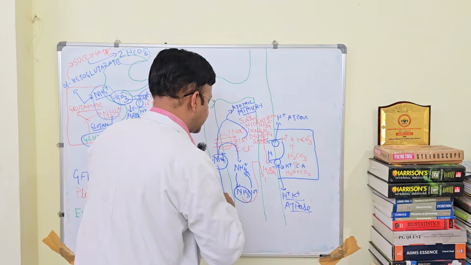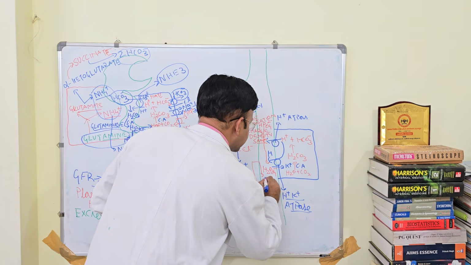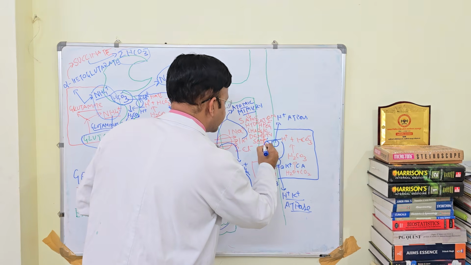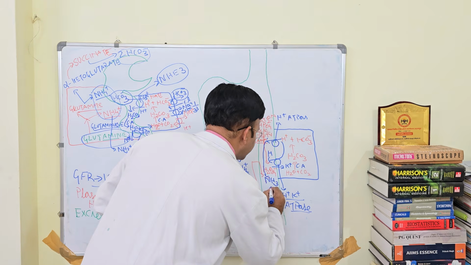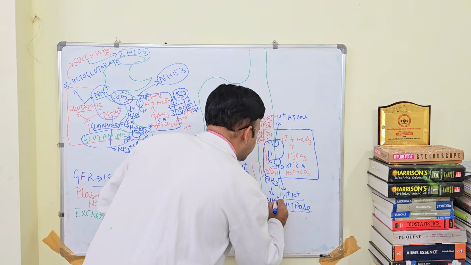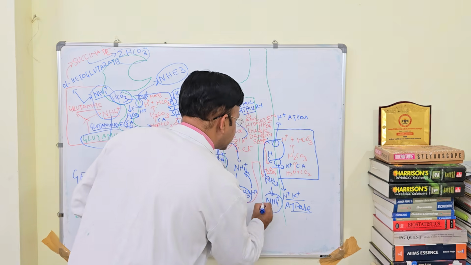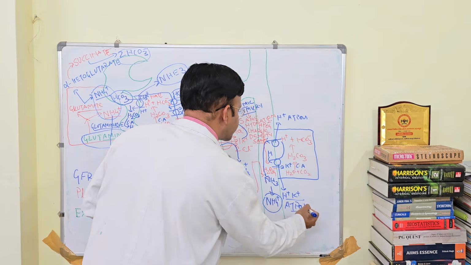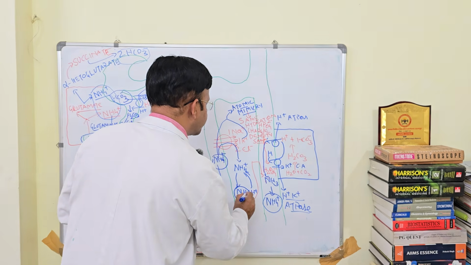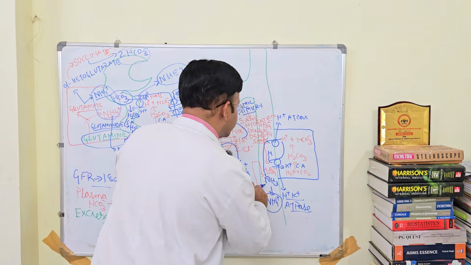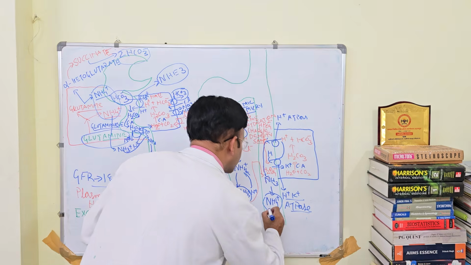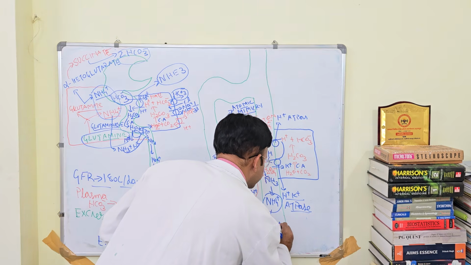This NH3, let's write in blue, this NH3 will take the H plus ion from here, and it will become NH4 plus. Now this NH4 plus can't diffuse back into the interstitium because it is impermeable to the membrane, and this is called diffusion trapping. That means this NH3 can come inside, but after fusing with H plus ion it can't go back. This phenomenon is called diffusion trapping.